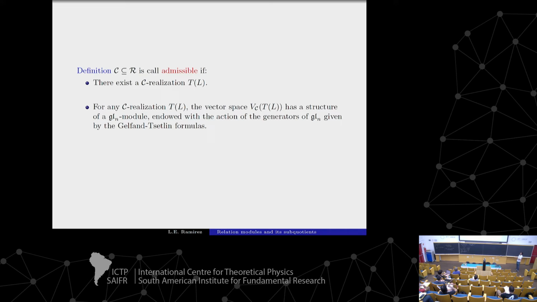A set of relations is admissible if first of all it has a serialization, at least one tableau that is a realization for this set, and also what we should have here is that for any serialization, the vector space we constructed, together with Gelfand-Tsetlin formulas, gives us a model, a GLN model. So this is an admissible set of relations.